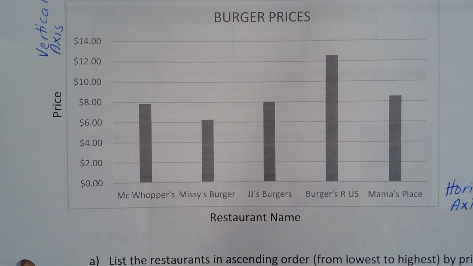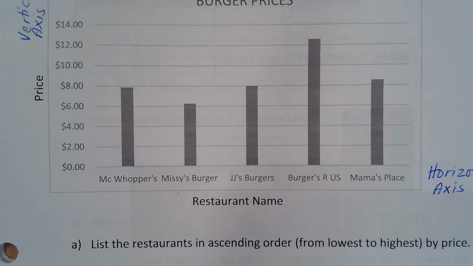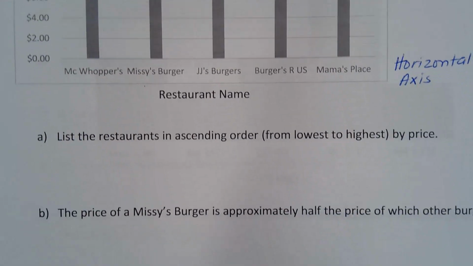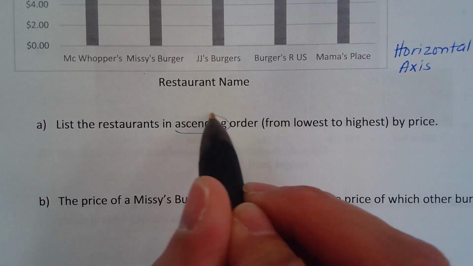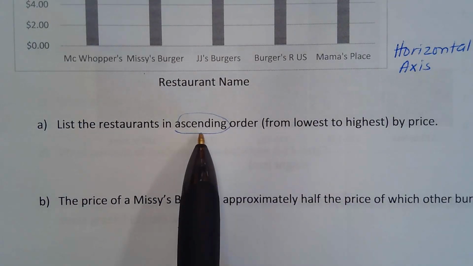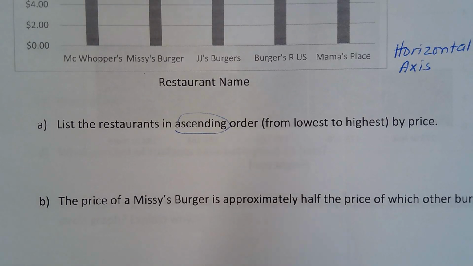So, looking at this, let's see if we can answer some of the questions in here. List the restaurants in ascending order. The word ascend means going up. So from lowest to highest by price. So list the restaurants from lowest to highest by price.